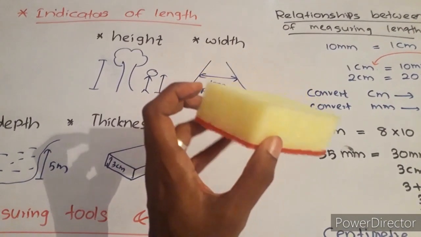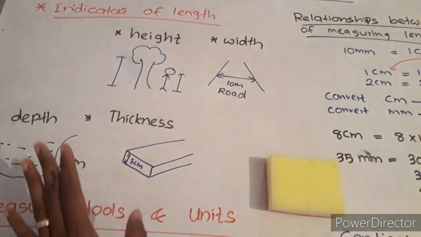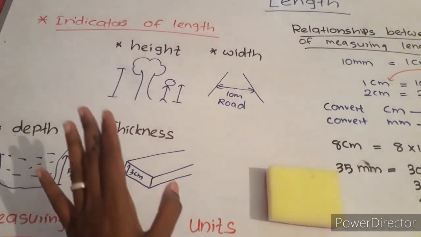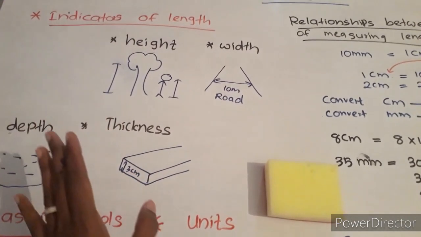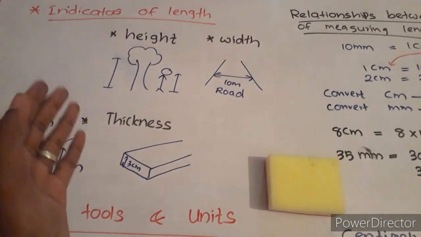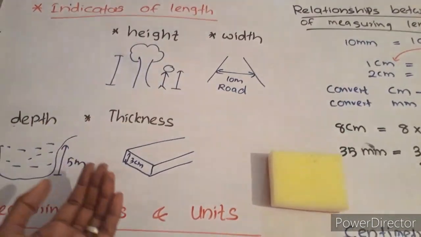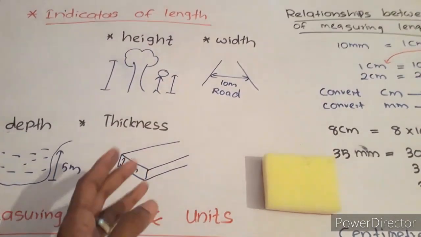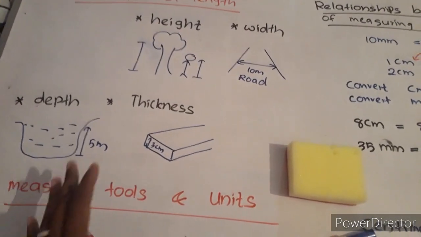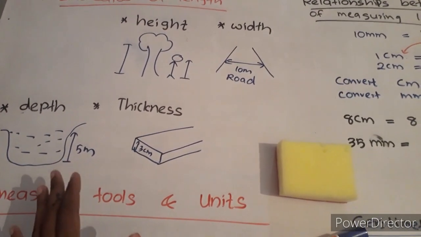Can you understand that? Yes. So you have to identify what the indicators are very correctly, because these words, height, width, thickness, depth, are used in your future lessons. So you have to be familiar with those words.